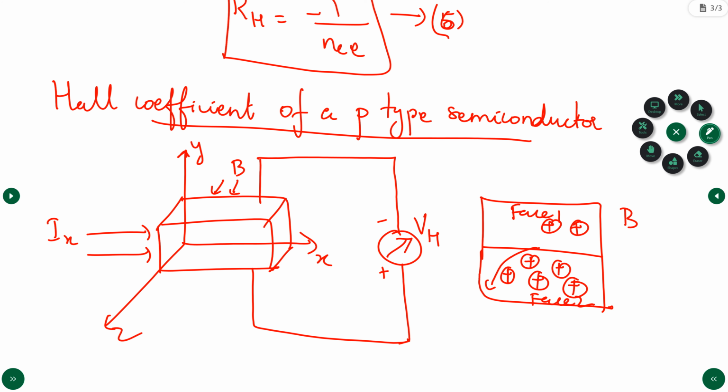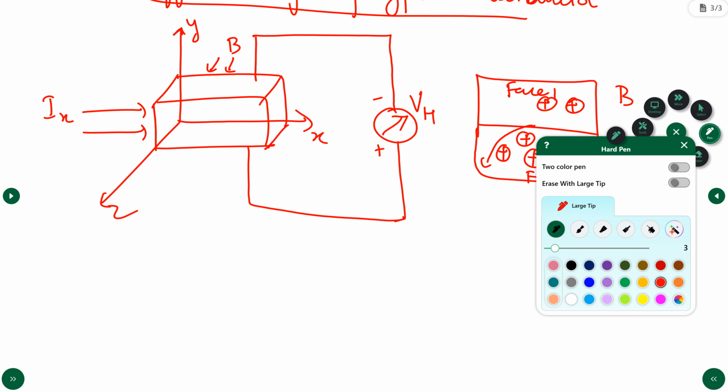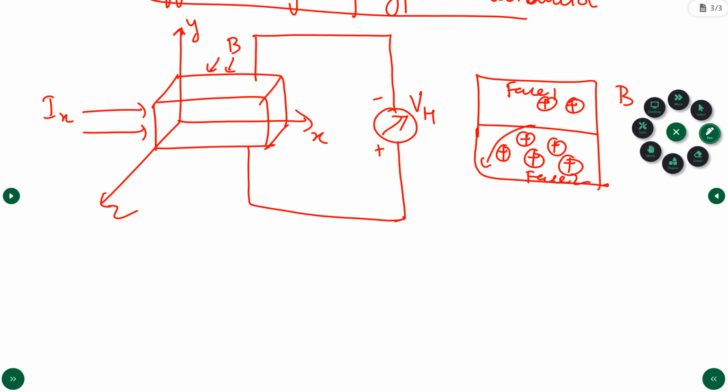Now could you follow the same procedure to find the Hall coefficient of the P-type semiconductor? What will be the first one? The force is acting, the same thing is happening here also. The first one is the force due to the potential difference.